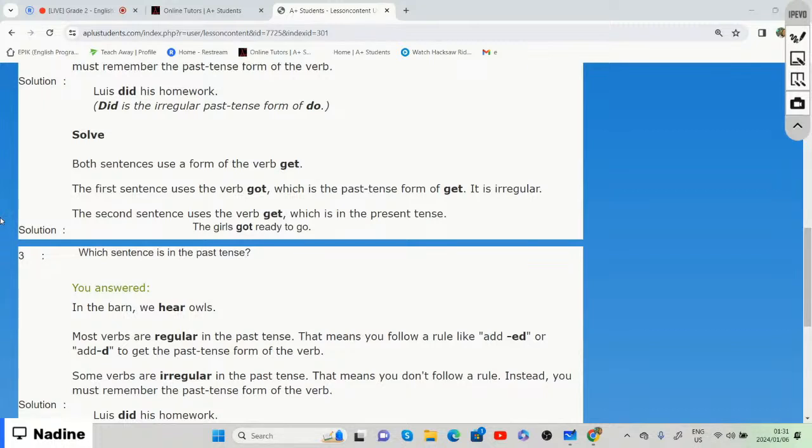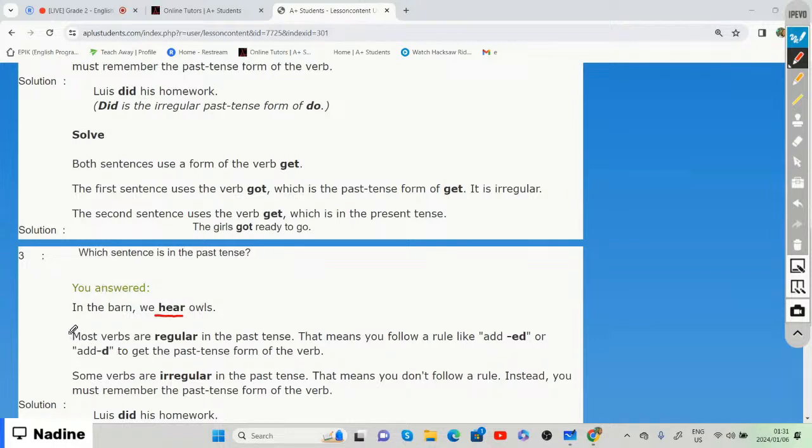In the past, if we change this word hear to the past tense, the whole sentence, we can say, in the barn, we heard owls.